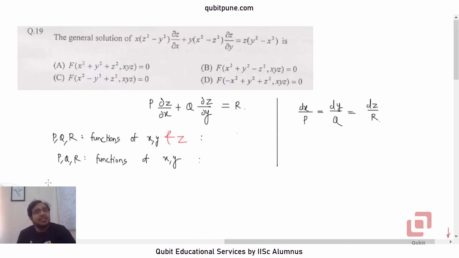Let's now go to question number 19, which is on partial differential equations. The general solution of x into z squared minus y squared partial z by partial x plus y into x squared minus z squared into partial z by partial y is equal to z into y squared minus x squared is, and we have 4 options a, b, c, d, and in all 4 of them we have implicit functions.